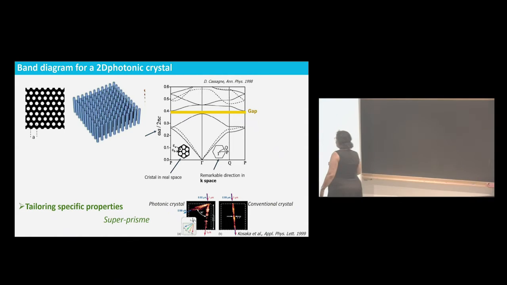Everything here can be physically understood in terms of interferences, so you are always in the situation where the periodicity is close to lambda, the wavelength at which you work. You can calculate the band diagram in the same way, without going into the details. You have it here for this photonic crystal. I will just say a few words on this. What we present here is K.